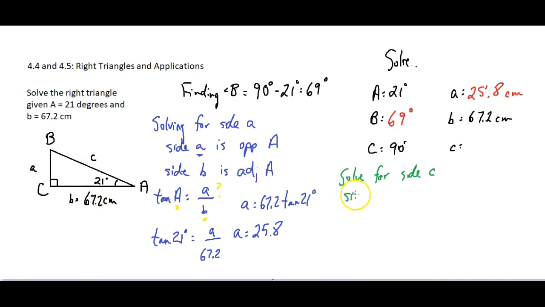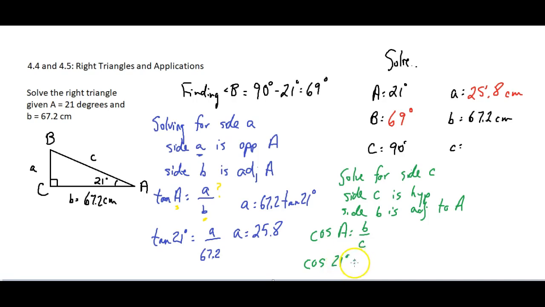So yeah, side C is hypotenuse, side B is adjacent to A, adjacent and hypotenuse is cosine. So cos A equals B over C. Subbing in the numbers, cos of 21 degrees equals 67.2 over C.